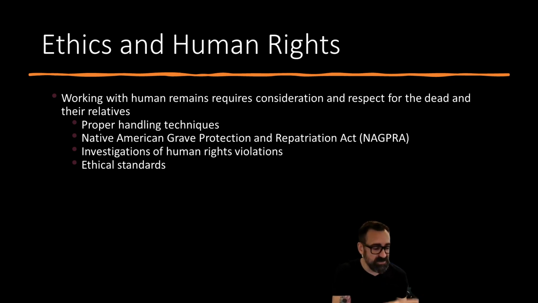And so forensic anthropology and bioarchaeology have very stringent ethical standards. I encourage you to go out and, if you're interested in this stuff, read about them. They do a very comprehensive job outlining the ethical standards, as anthropology tends to do nowadays. I don't want to take up another hour going through them, but I do encourage you to check them out. You can just type in forensic anthropology ethics, and you will be able to read all about them.